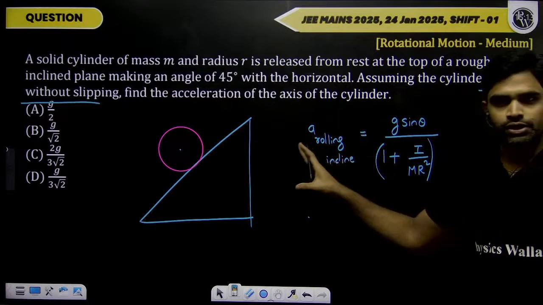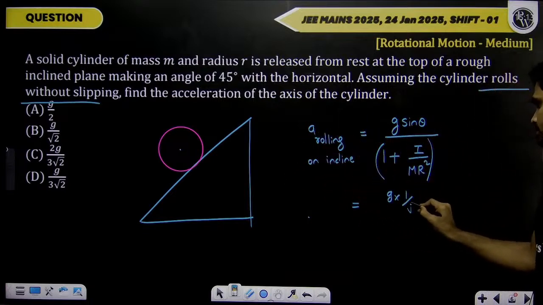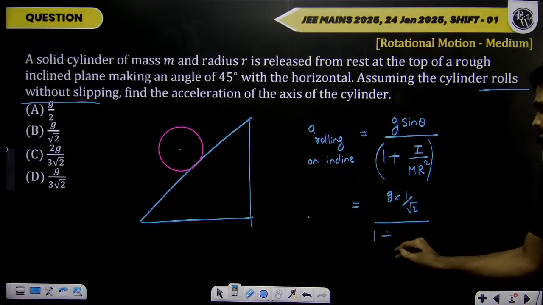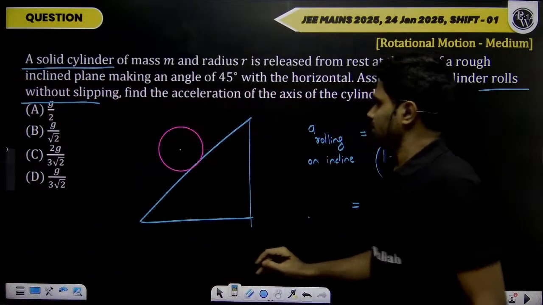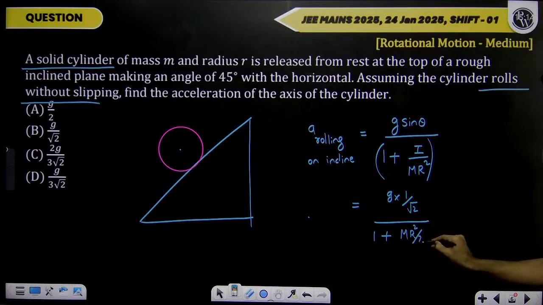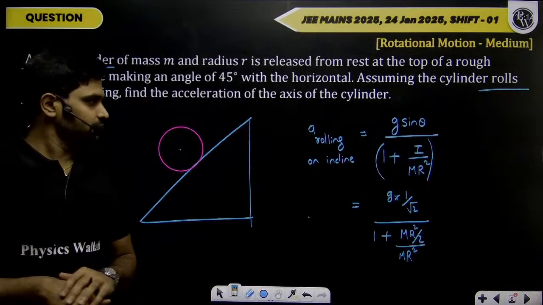Everything is given in the question. So g sin theta, it is g into 1 by root 2, divided by 1 plus the disk. A solid cylinder is nothing but a disk. Moment of inertia about its axis is m r square by 2, right? So let us simplify this term.